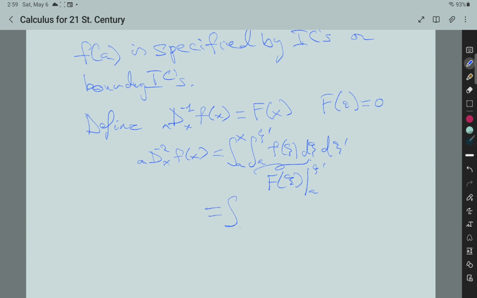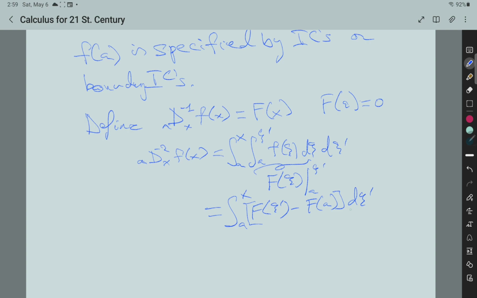So then this reduces to the integral from a to x of F of c prime minus F of a, and all of this is being multiplied by dc prime, which is the volume element outside of the other integral.